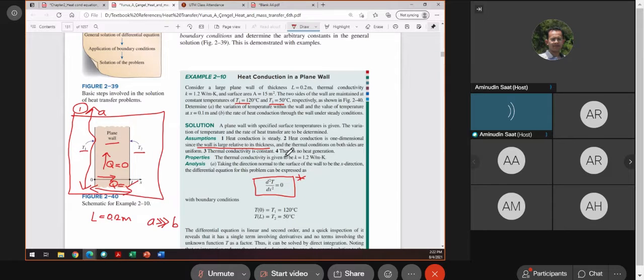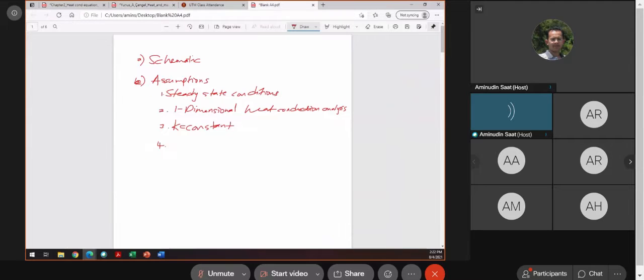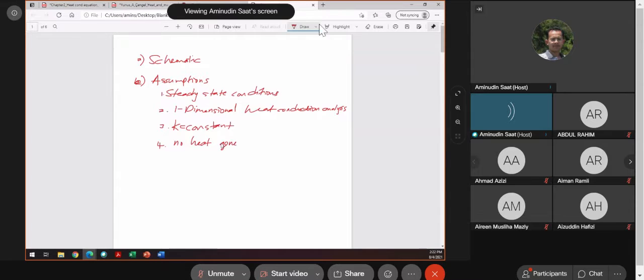And the last one, there is no heat generation, because there is no information given about heat generation.